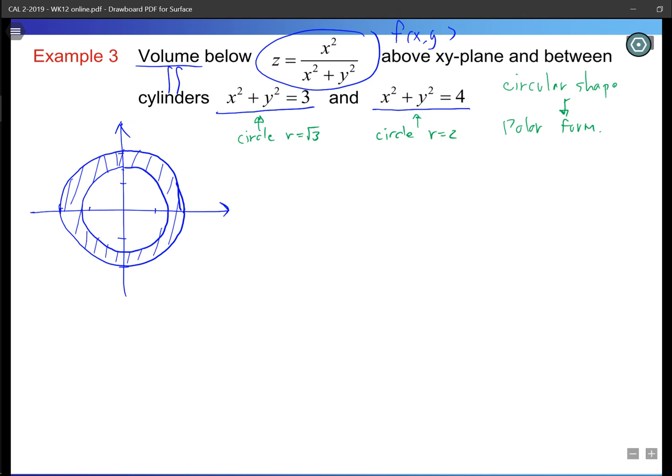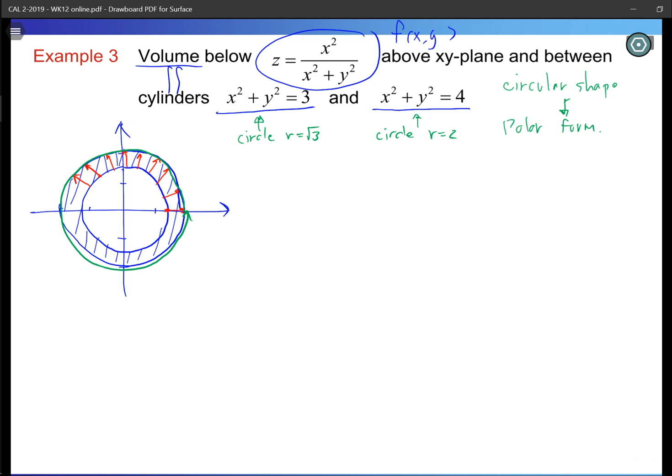With this kind of shape, we are going to sweep the radius starting from the inner function to the outer function. And then after that, we are going to sweep the angle, starting from the x-axis anti-clockwise. So basically sweep the whole circle.